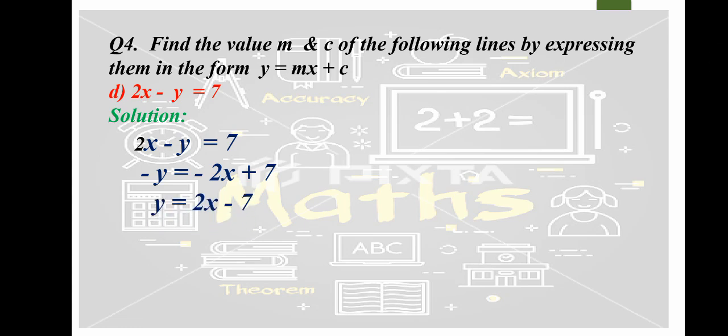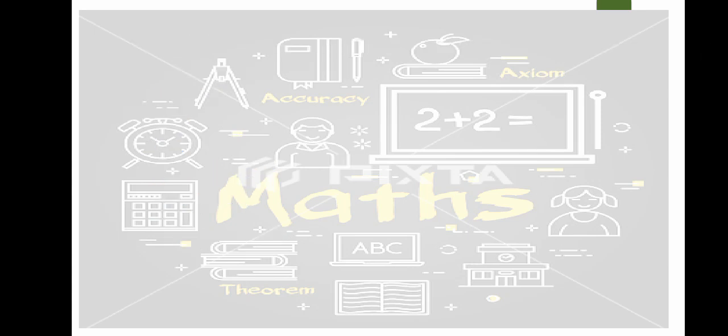So the equation will become y is equal to 2x minus 7. The negative numbers will become positive because of that negative sign, and positive numbers will become negative. So according to the equation y is equal to mx plus c, the coefficient of x is m and the constant number is c. So here m is equal to 2 and c is equal to minus 7.